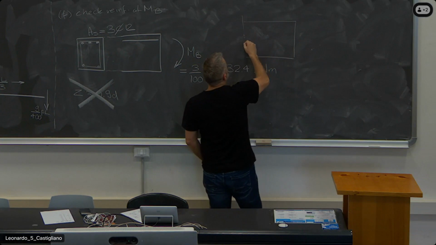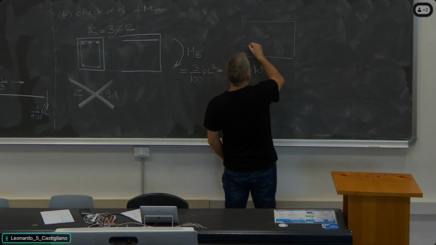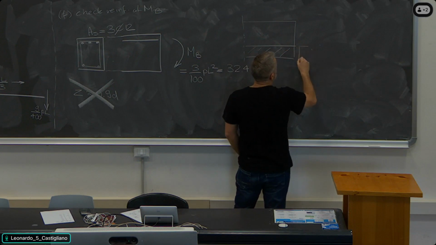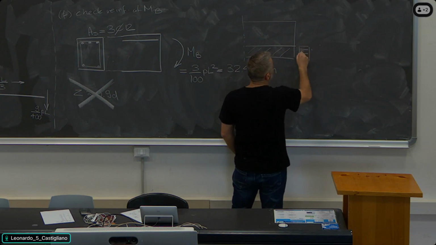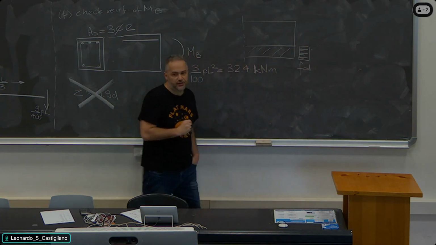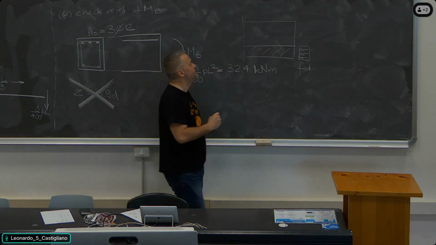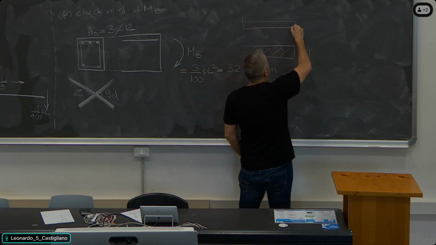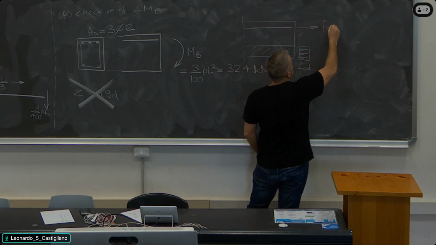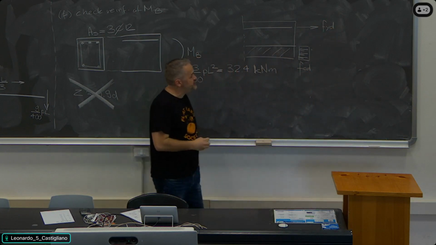Look at the drawing at the back. We have a compressed area at the bottom with a distribution of stresses which is based on the design compressive strength of concrete, FCD. We have the tension reinforcement at the top, which resists to FYD, which is the yield strength.